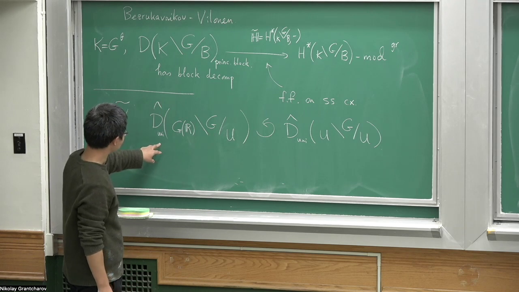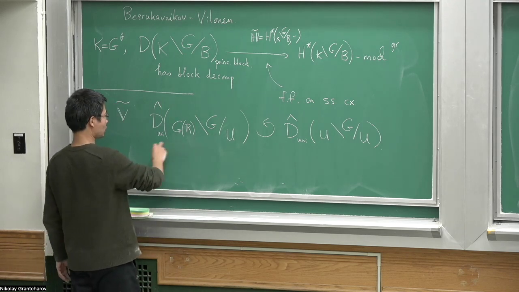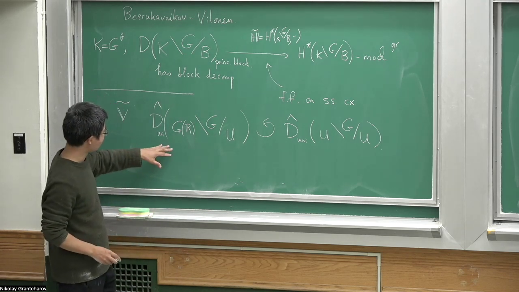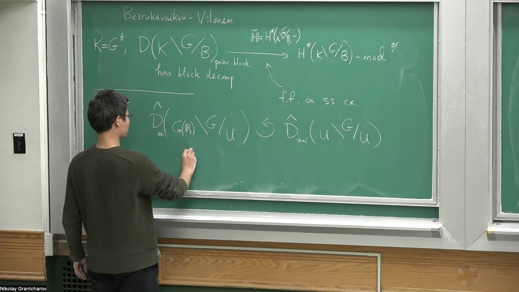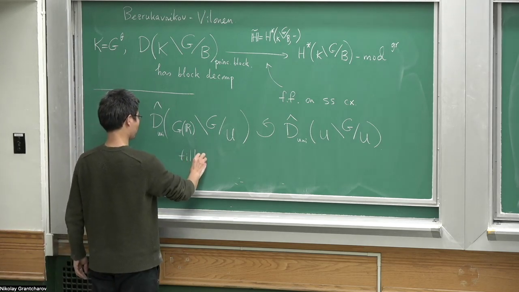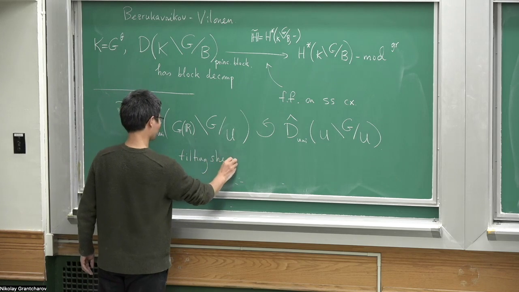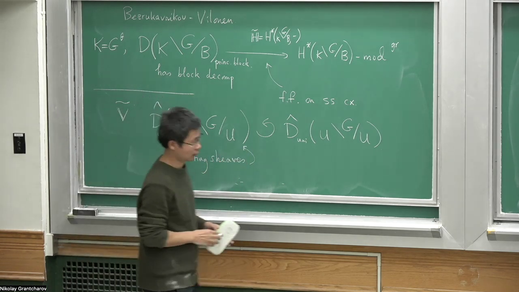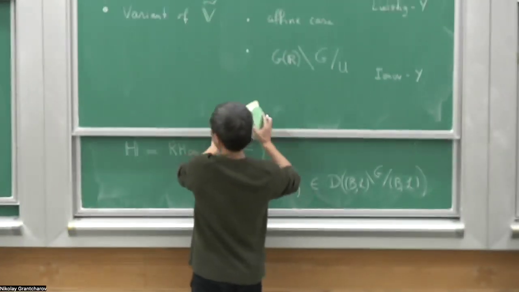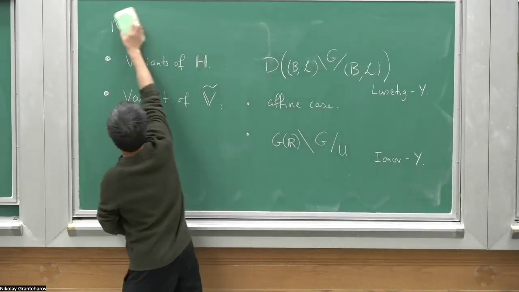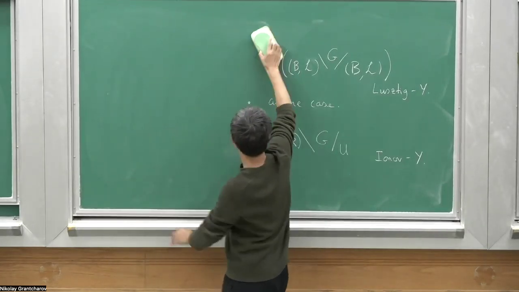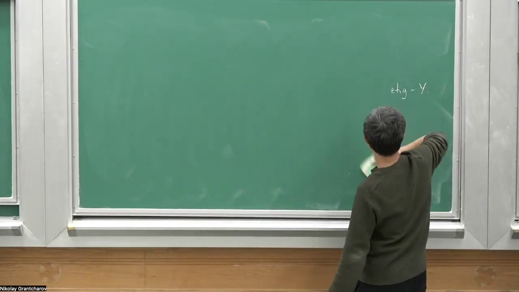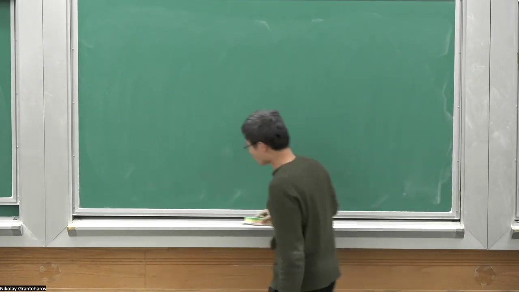But so in the work with Andrei Ionov, we developed a theory of tilting sheaves in this situation, which I think is kind of interesting because it's a real algebraic situation.